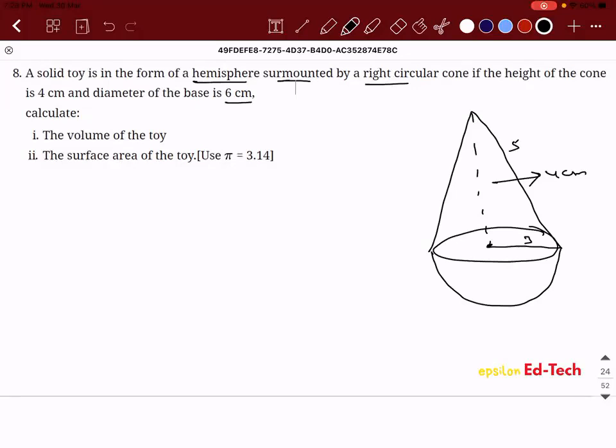So how do you calculate this? Volume is equal to how much? If this is 3 centimeter, this is also 3 centimeter. Correct? So what is the volume? 1 by 3 pi r square h plus 2 by 3 pi r cube.